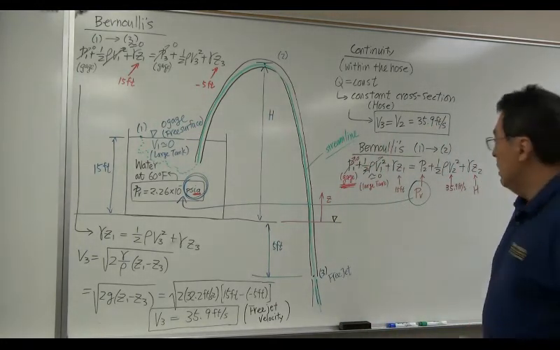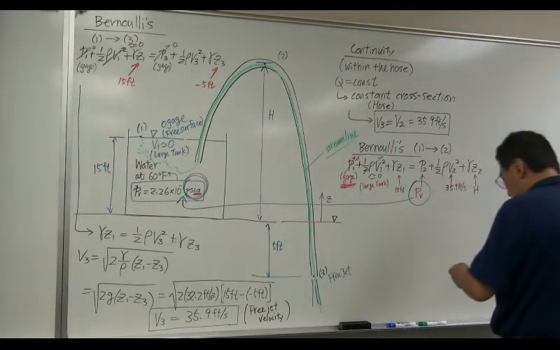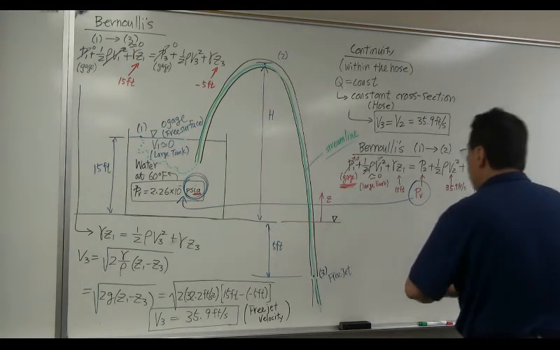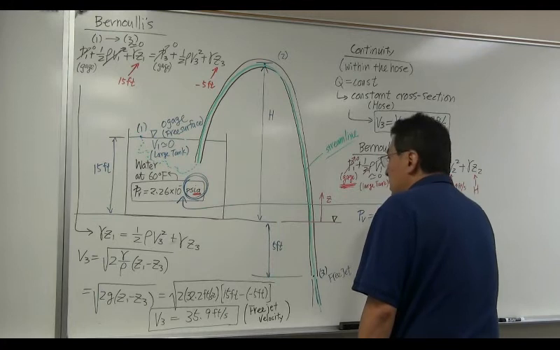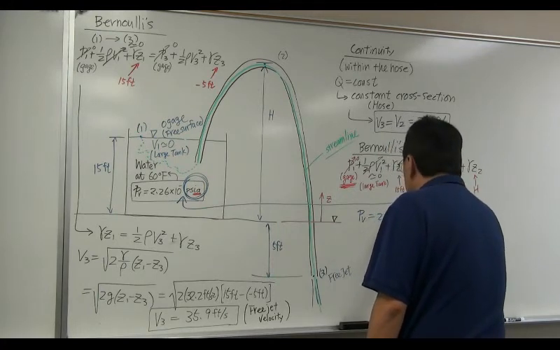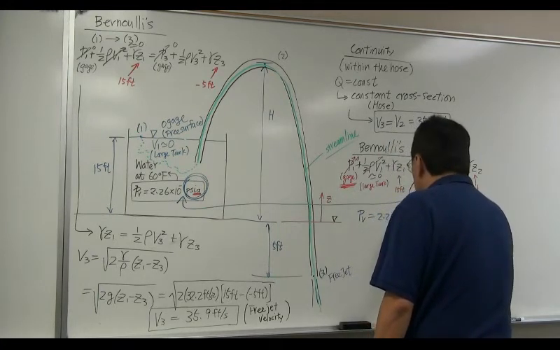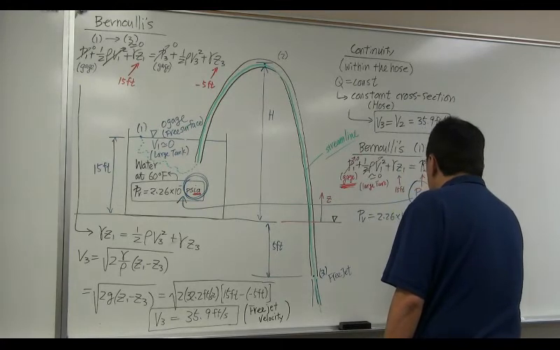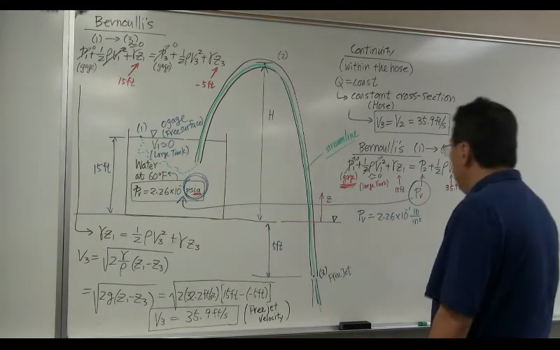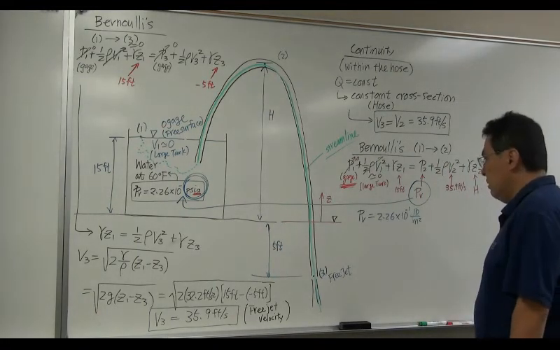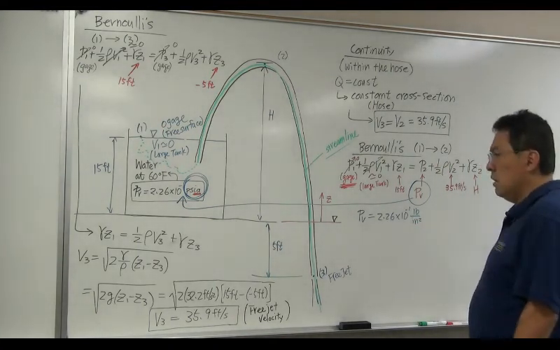Okay? So keep in mind, vapor pressure is given as 2.26 times 10 to the minus 1 pounds per square inch. This is gauge, this is absolute pressure. I have to convert it to gauge. How? Well, I need some information.